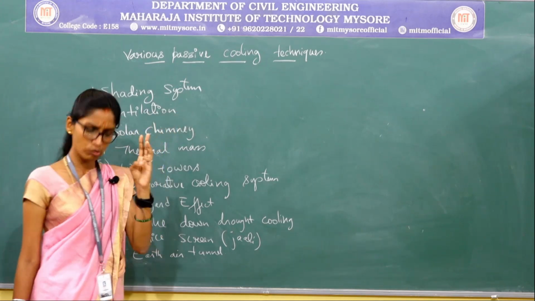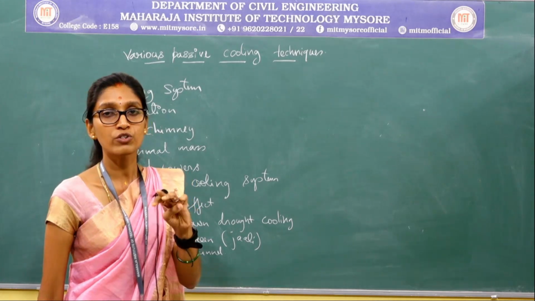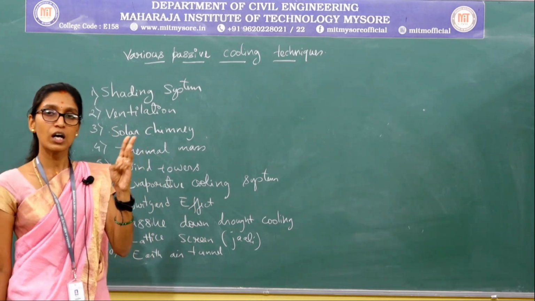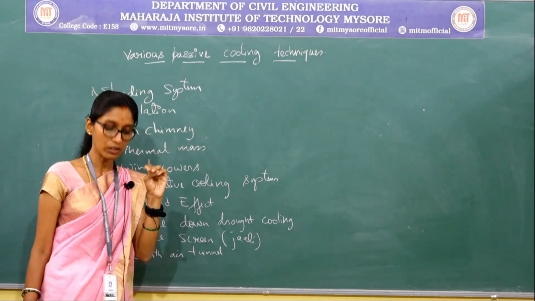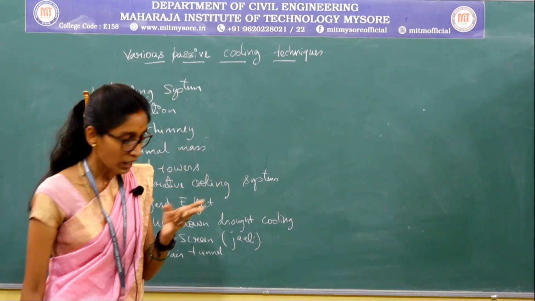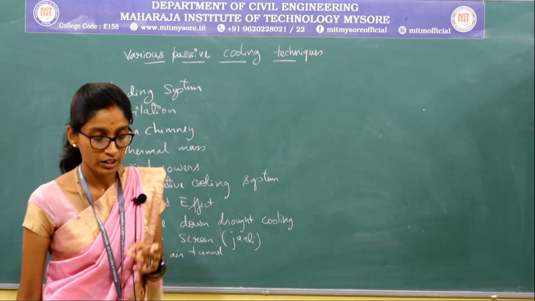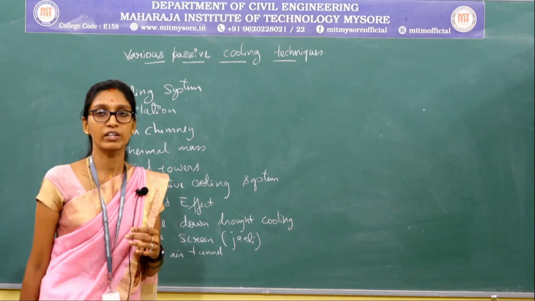Now here also you learned about the three strategies or the three major functions, how the cooling will be happening. The first one was the stack ventilation, very good. The second one was cross ventilation, very good, and the other one was the night ventilation.